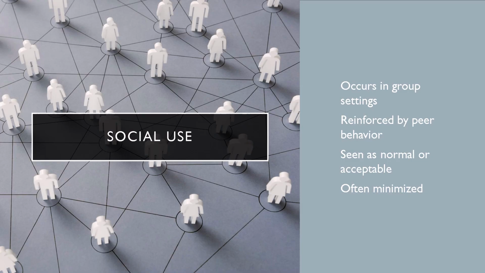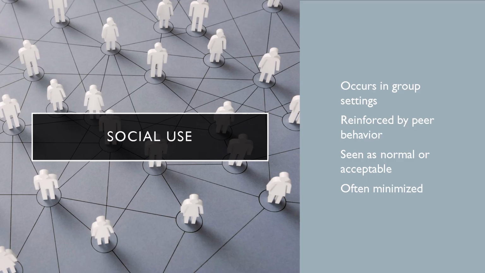So social use is a stage where the substance use becomes more integrated into a person's social life. This happens a lot in group settings, like parties or gatherings or social events, holidays, whatever. And the behavior is reinforced not only by the substance itself, but also by the social environment that they're in.